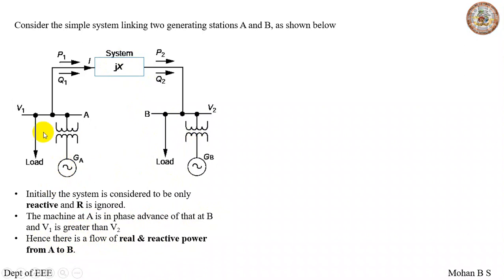So you can see the voltage difference is greater because the flow of real and reactive power is from generation station A to generation station B. So based on that, let us write the vector diagram for representation. So V2 is taken as the reference again here. Current I is lagging, as we are aware the system is inductive in nature. Thus with respect to the same current as it flows through, the voltage across the system will be lagging.